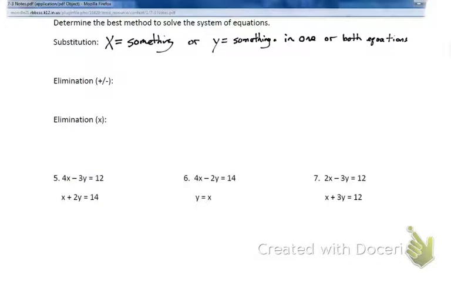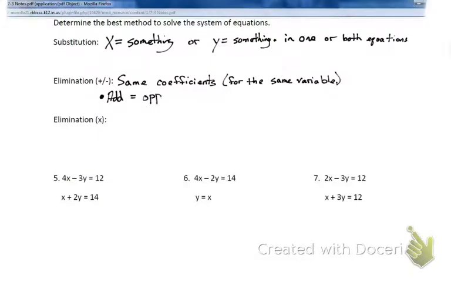Next method is elimination by adding and subtracting. You'll use that method when you have the same coefficients. And again, that's the same coefficients for obviously the same variable. So you can either eliminate the x's or the y's, and you will add the equations together if they already have opposite signs.